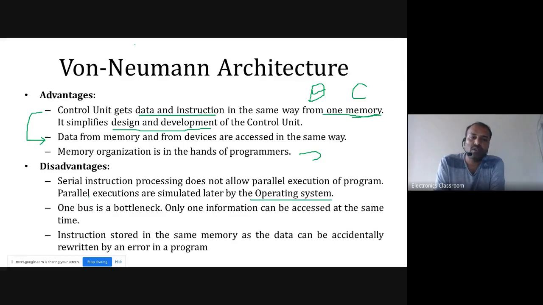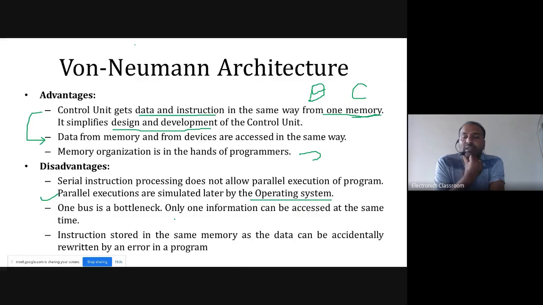If you want to do this, you must take advantage of the operating system. Then, one bus is a bottleneck. So only one piece of information can be accessed at the same time.